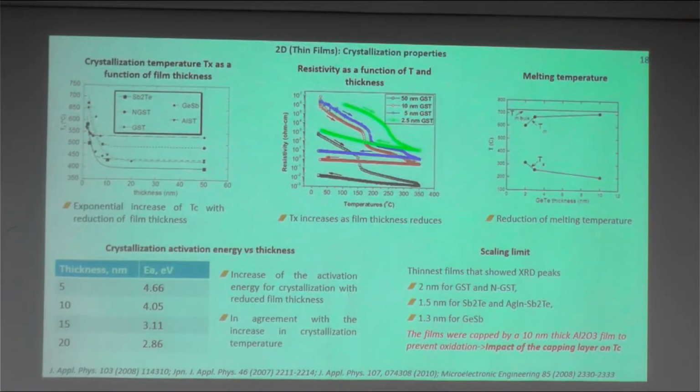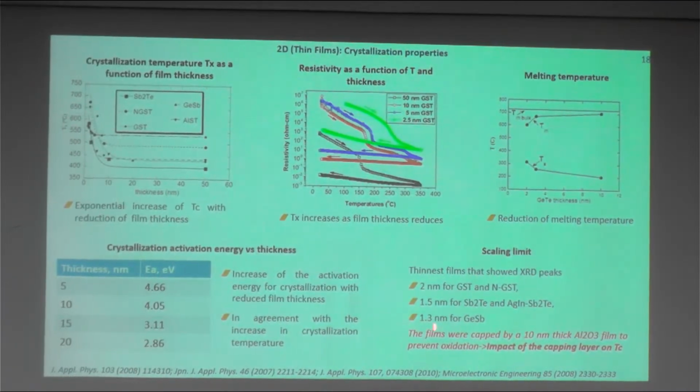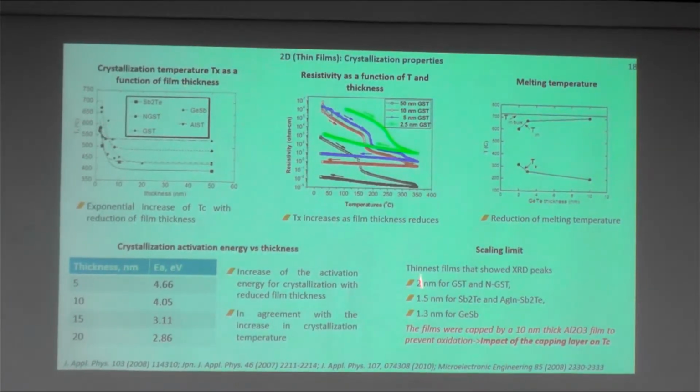So also some structural properties. Here, this is about the oxidation of thin film. So if you want to study such a really thin film with thicknesses between 1 and 2 nanometers, you have to cap these thin films with a layer like aluminum oxide or another layer to prevent oxidation.